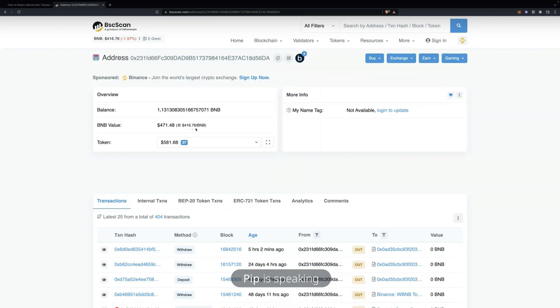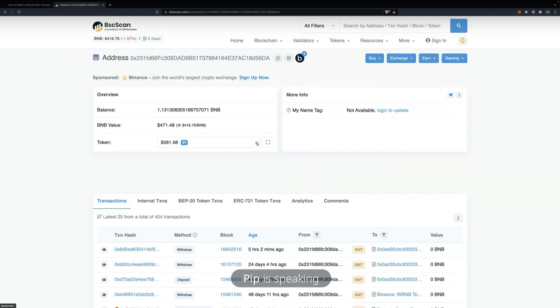So this is what BNB is worth today. This is how much BNB you have sitting in your address in US dollars. Okay, US dollars. So let's say that you have only one BNB sitting here. BNB is at $600 today. This will reach 600.